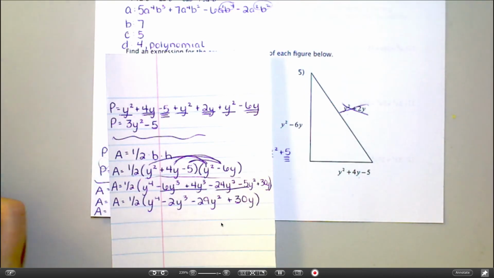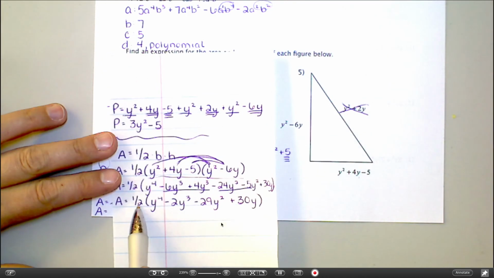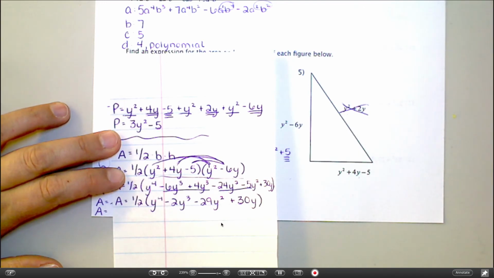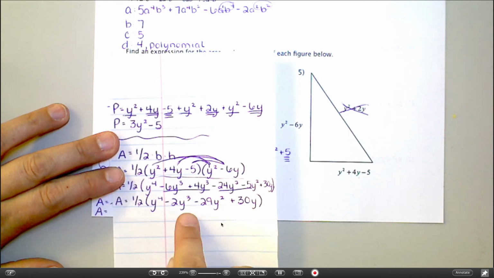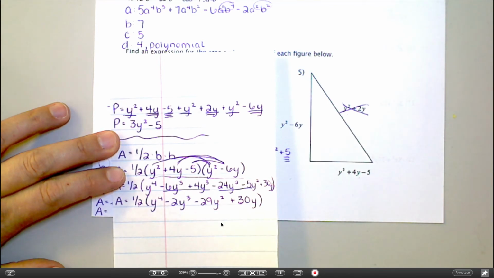And now what do I do? Okay, I'm going to multiply everything through by 1/2. What happens when I multiply 1/2 times y to the fourth? Nothing. Yeah, something happens. Depends by what you mean by nothing, but I'm inclined to agree with you. 1/2 times y to the fourth, the 1/2 and the 4 do not combine at all.